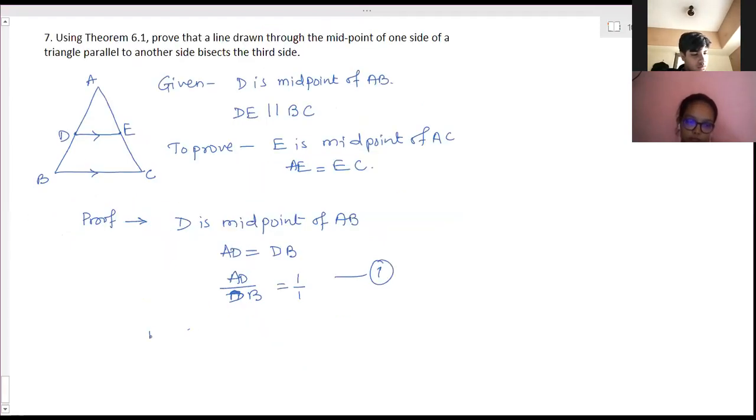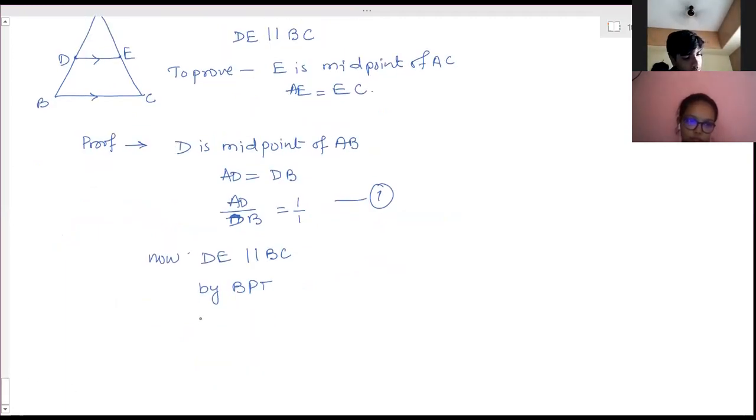Now it is given DE is parallel to BC. So we have to use BPT theorem. What is the statement? AD by DB is equal to AE by EC. AD by DB is 1.